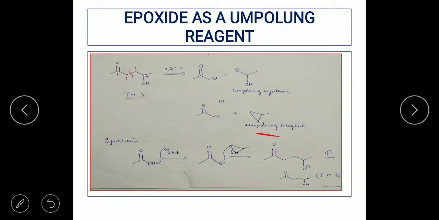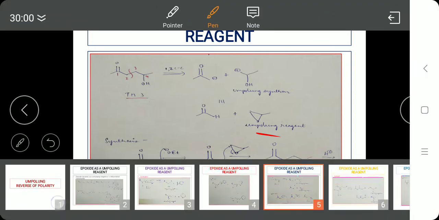This umpolung reagent and the acetaldehyde are what we are going to use in the synthesis. We have a base which abstracts the hydrogen, making it a carbanion, and this nucleophile is going to attack the carbon of the epoxide.